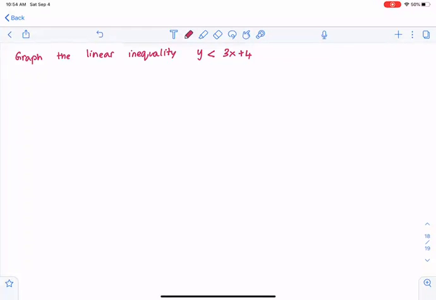Now we want to graph the linear inequality y less than 3x plus 4.